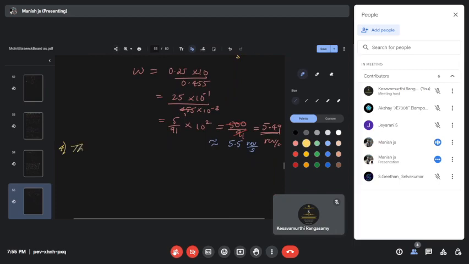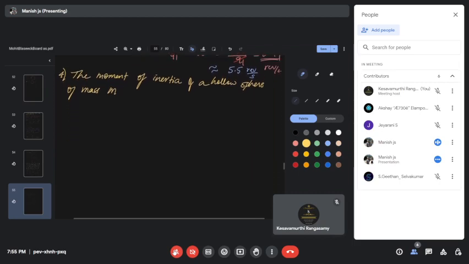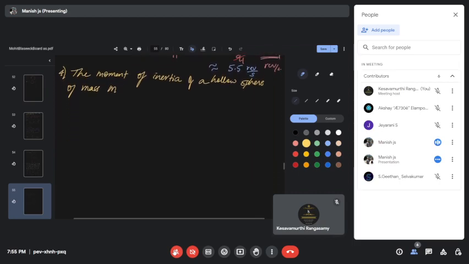The moment of inertia of a hollow sphere of mass M. It's capital M, it might look like small m, but it's actually capital M. Sphere of mass capital M, and internal and external radii.